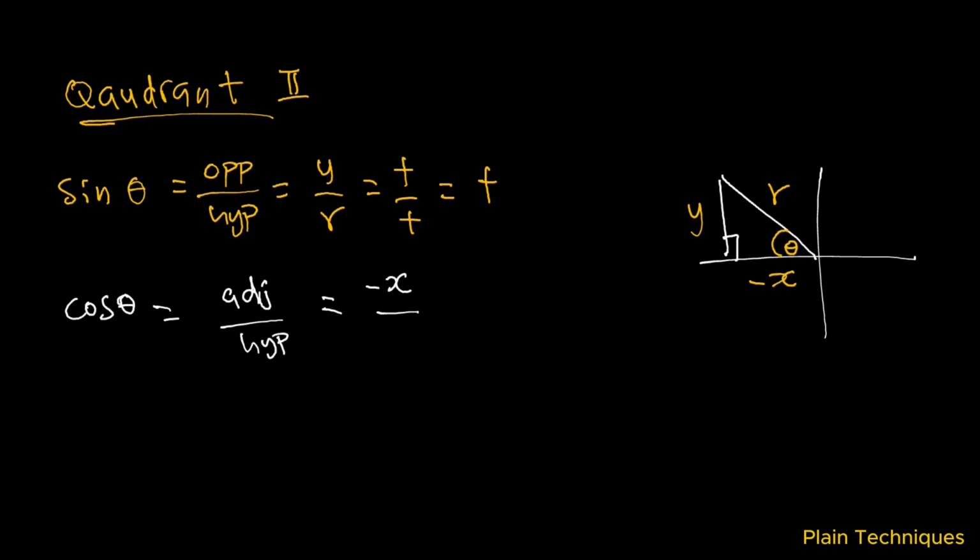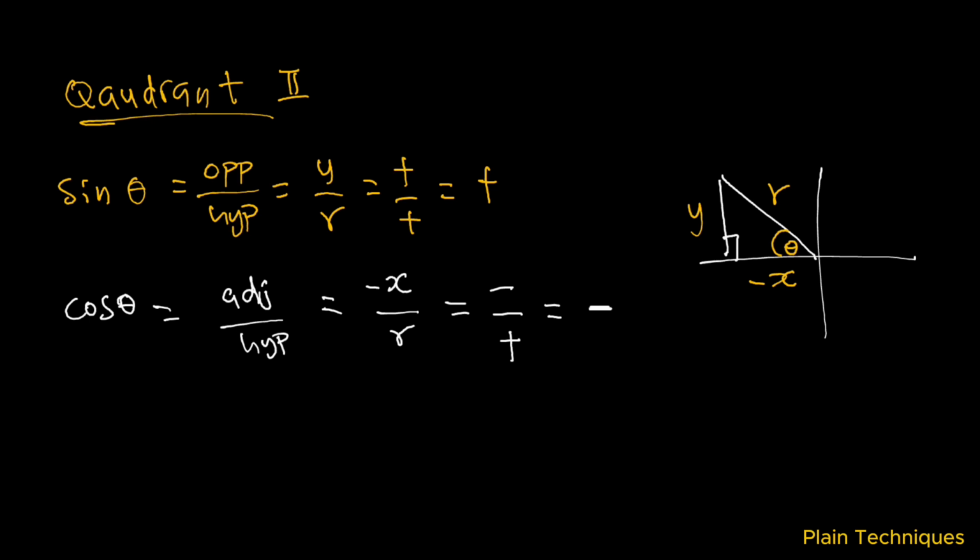And hypotenuse is always positive, which is positive r. Now, what do you have? You have minus over positive. So, minus over positive, the answer is negative. It's like a negative 1 over positive 1. The answer will be negative 1.